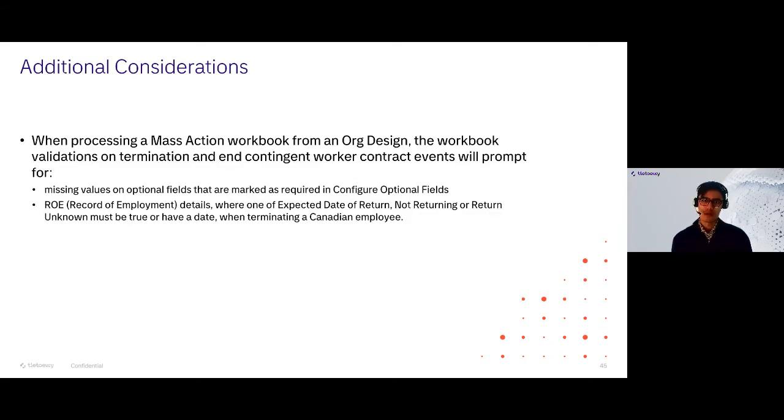Also, when it comes to validating the mass action workbook, the validations for termination and contract ending will prompt for missing values on the optional fields marked as required. Also, the record of employment details, which is required for Canadian employees.